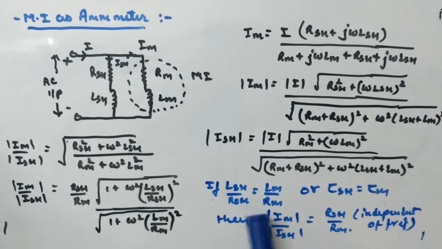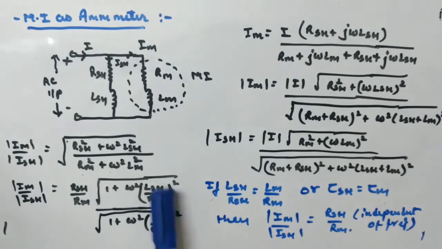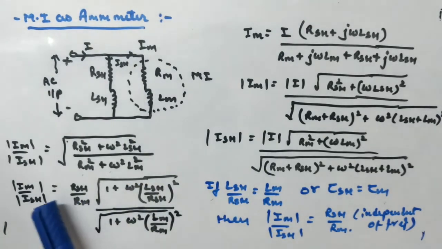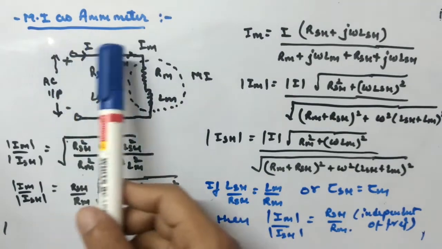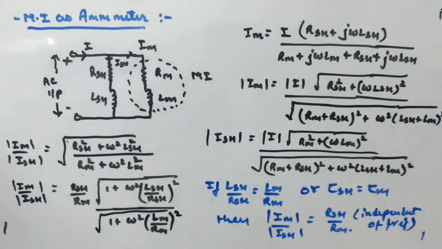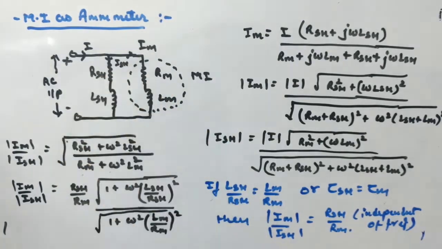So when the time constants of the two branches are equal, these two terms will be equal, and Im divided by ISH will be RSH divided by Rm. That will be independent of frequency now. So this will be the moving iron ammeter configuration, and it will be independent of frequency when you keep the time constants of both the branches equal.